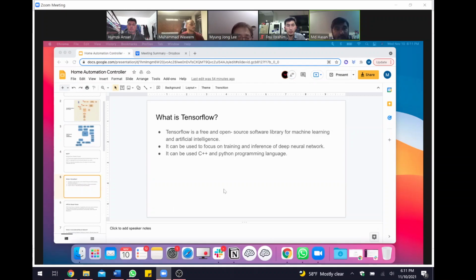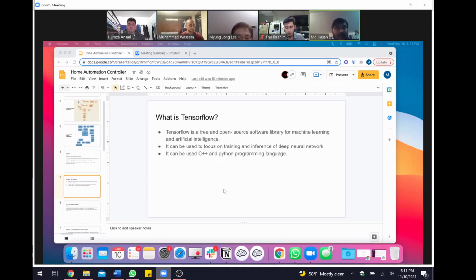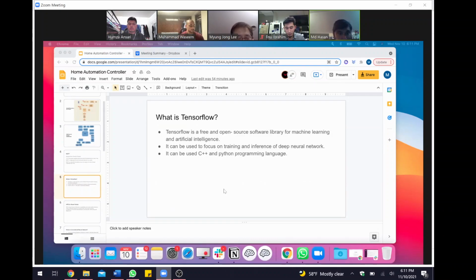It can also focus on training and inference of deep neural networks. To implement this software, we can use C++ because we already have knowledge of C++, and we also have knowledge of the Python programming language.